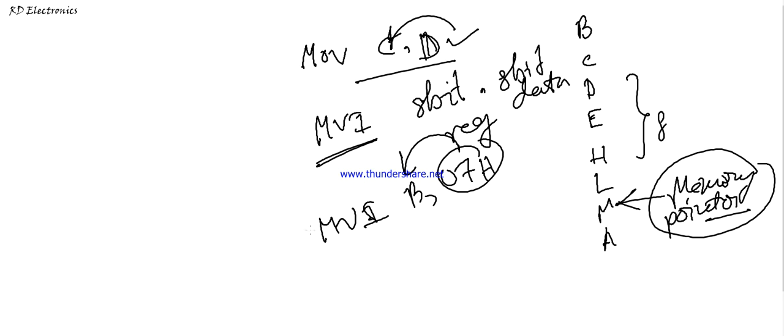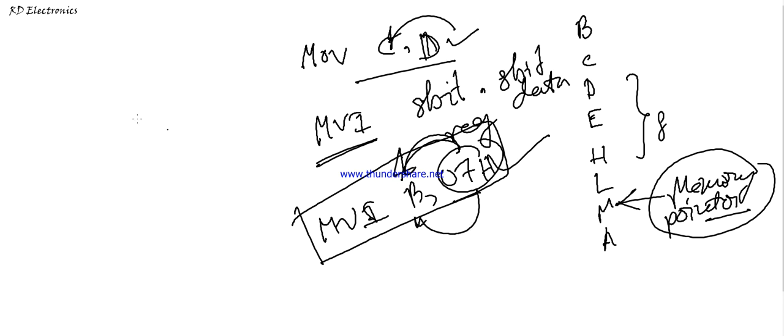So this is the move immediate operation, which is very important. This is an immediate type instruction, that means data is immediately transferred to the register.